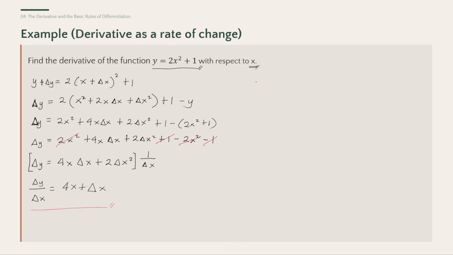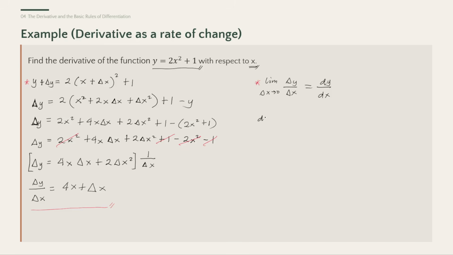To get the derivative, we need to take the limit of delta y over delta x as delta x approaches 0. This one is the instantaneous rate of change or the derivative of the function.